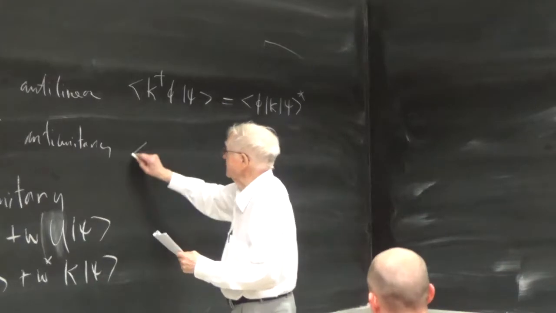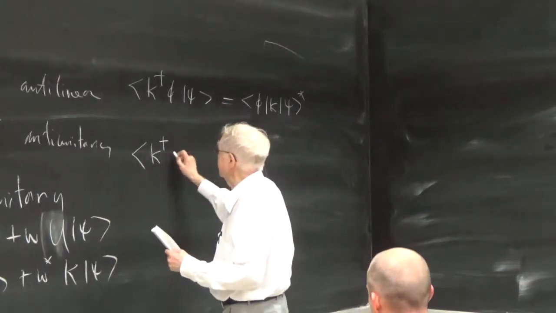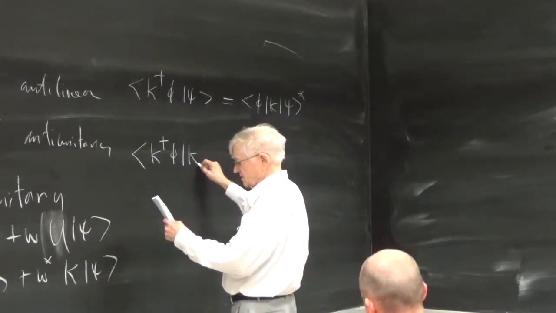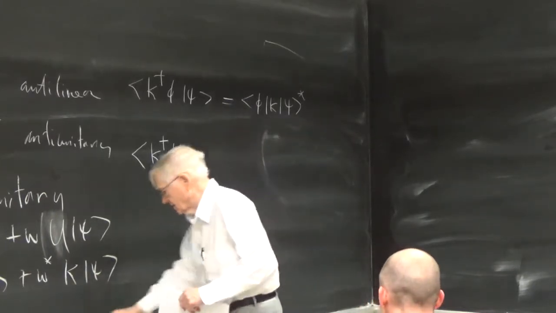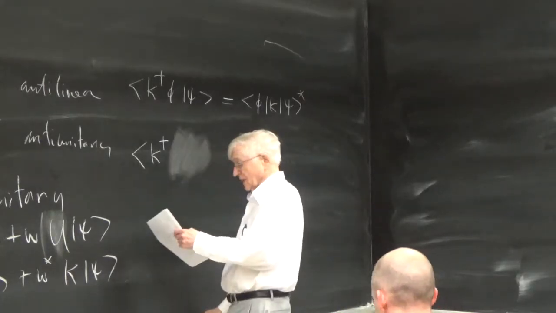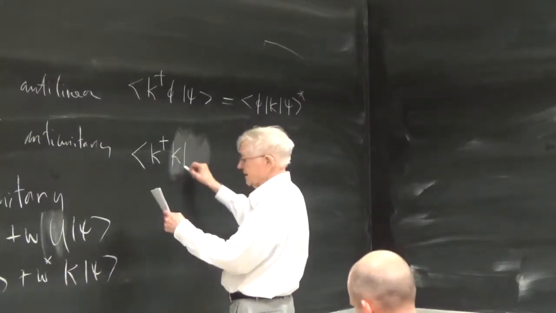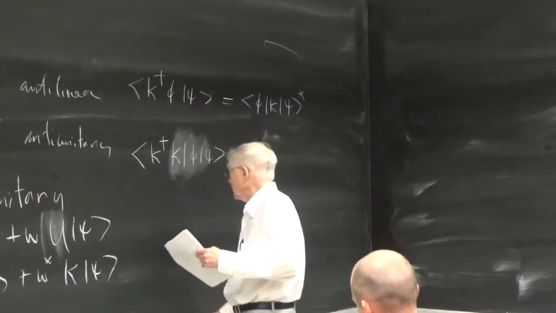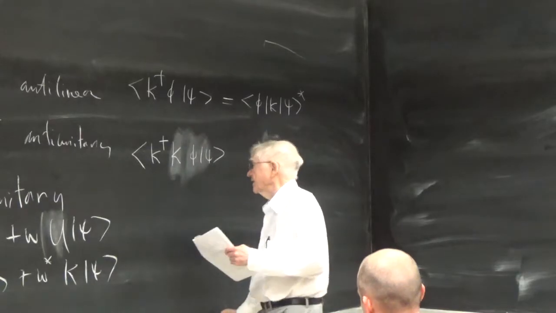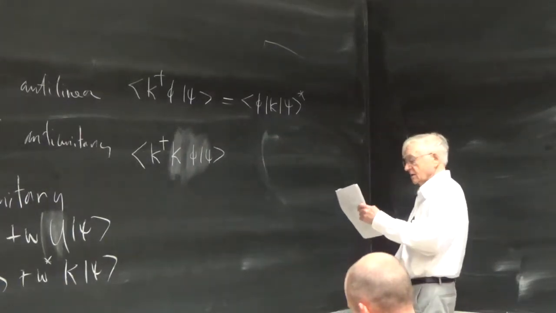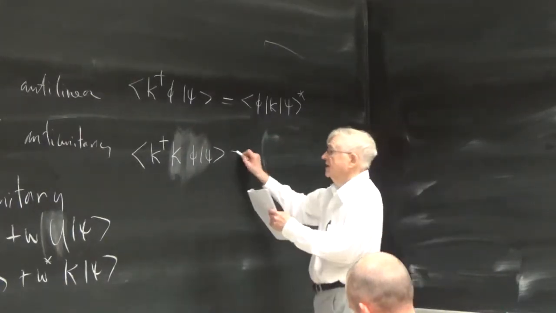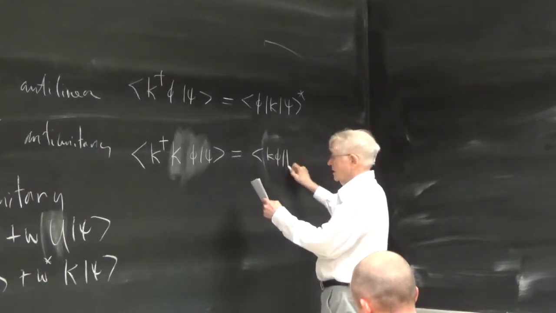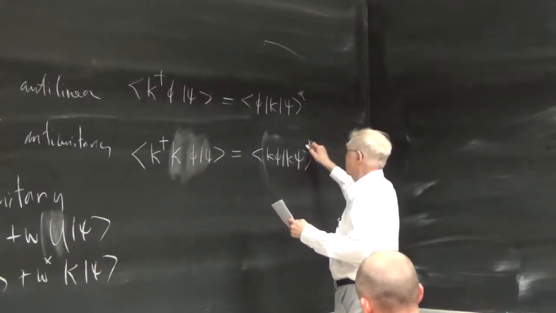And the reason for that is that then K dagger K phi psi is K phi K psi complex conjugate.